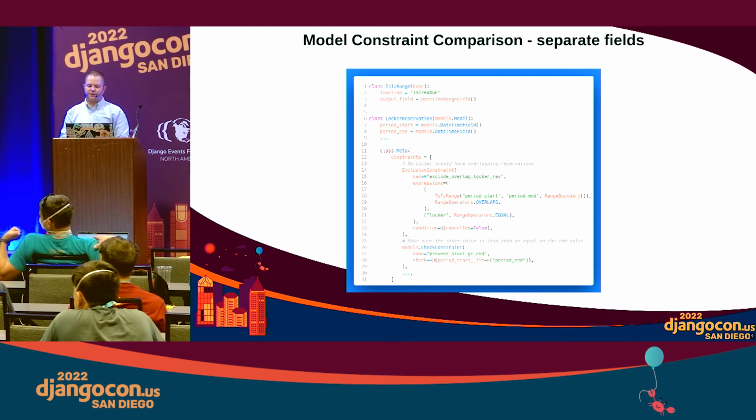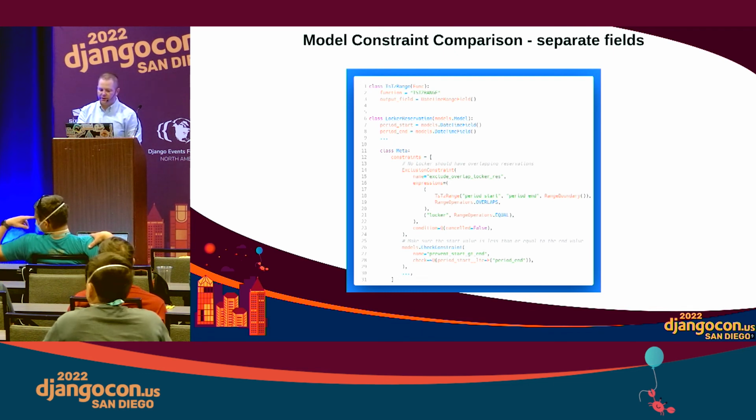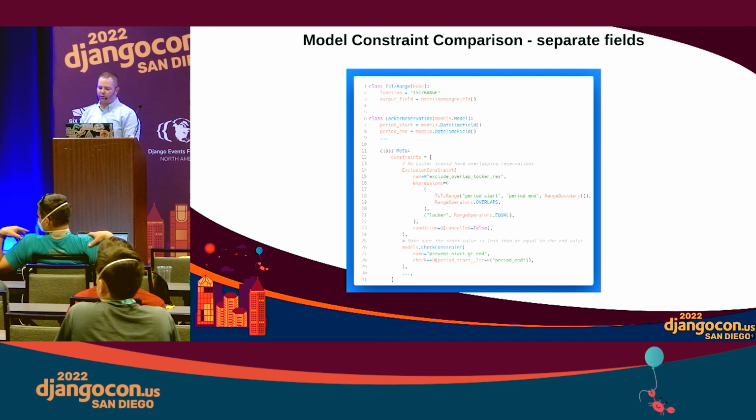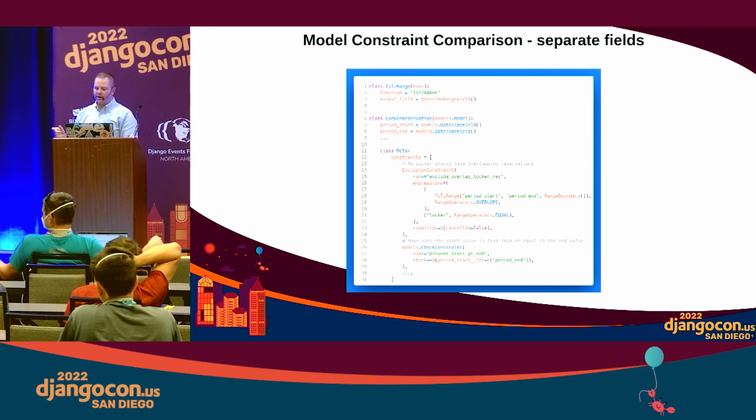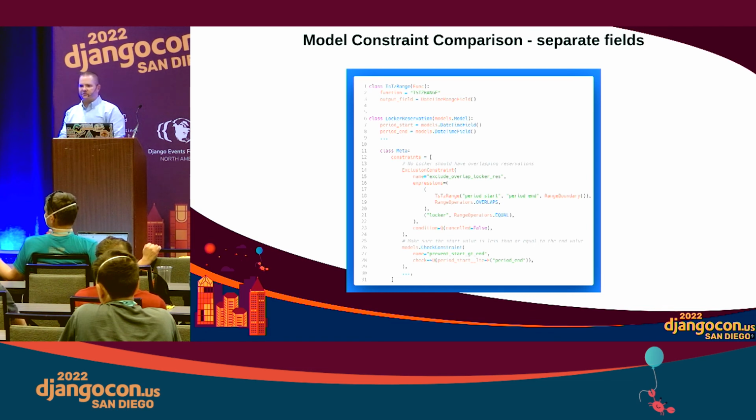Very similar to what they do in the middle, they have an expression where they're using that function and combining the two distinct fields, period start and period end. And then they're using range boundary, which just gives you the default inclusive, exclusive bounds. So that's generally how you would accomplish that.